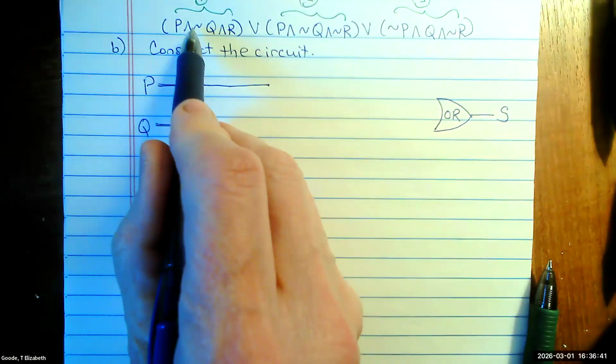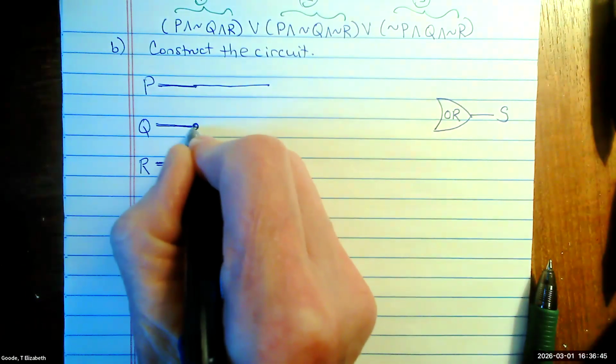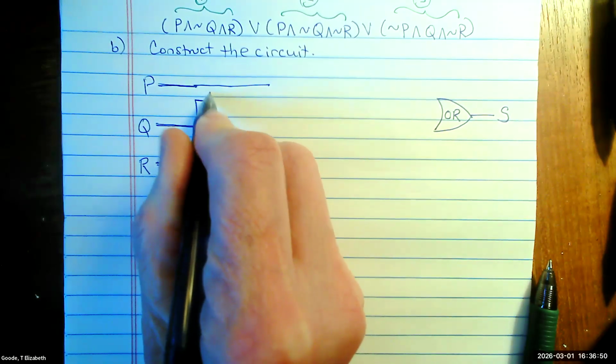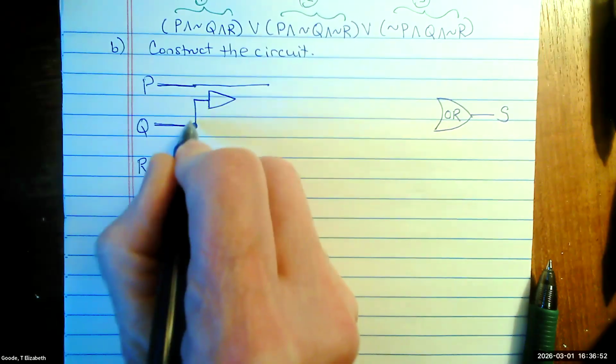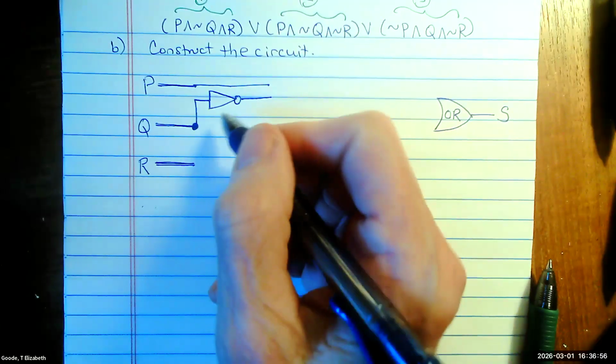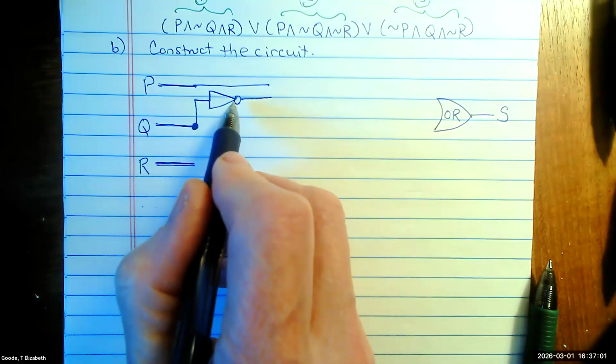We need not Q, and we don't have not Q yet. So I'm going to pull from the Q wire, and I'm going to draw a not gate. It can bend, you can make it turn a corner without putting a solder dot. I'm pulling off of this Q wire to make a not Q.